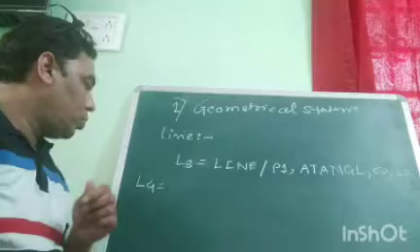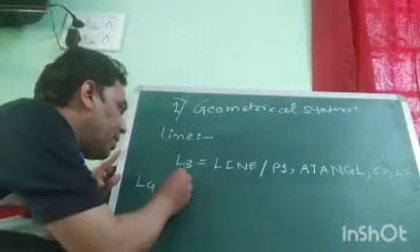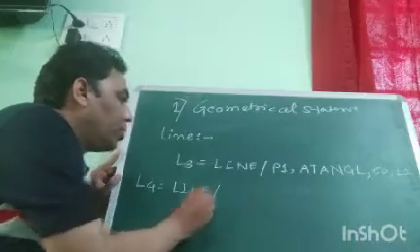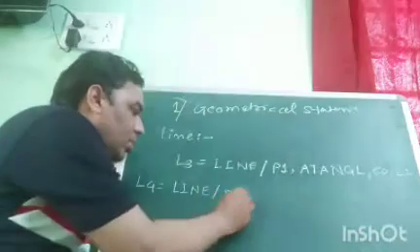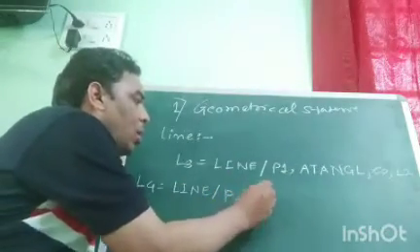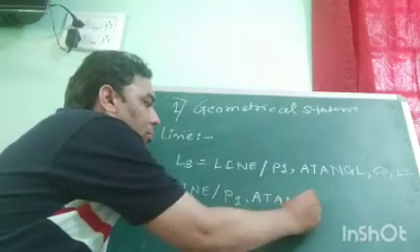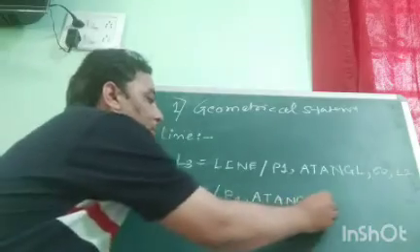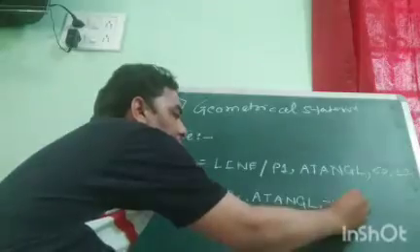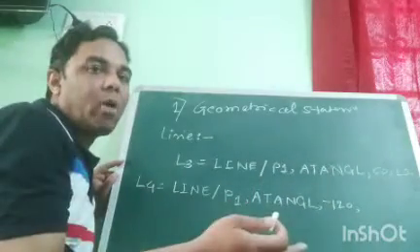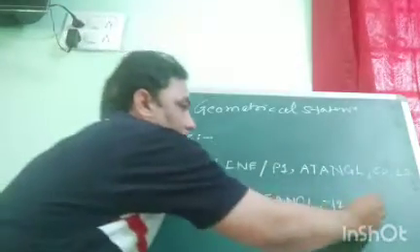So the L4 line passes through which point? P1, and forms what angle? At angle minus 120 degrees. To which line does it form an angle? That is L2.